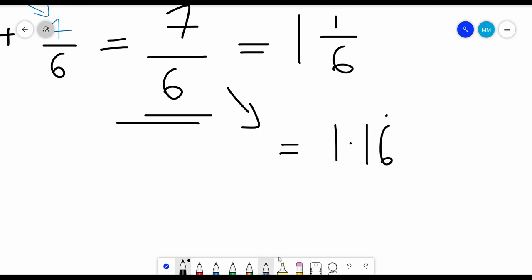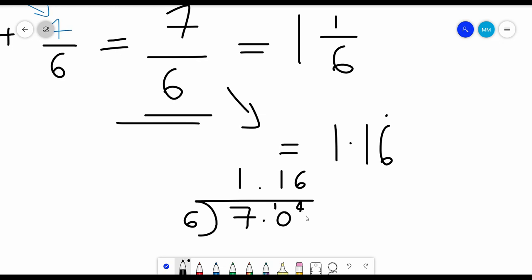Let me just double check that I'm sure that's right. So that will be 7 divided by 6, 1, carry the 1, that's another 1 there, the 4 there, and 6 6s are 36. Yeah, I was right, it's 1.16 recurring.